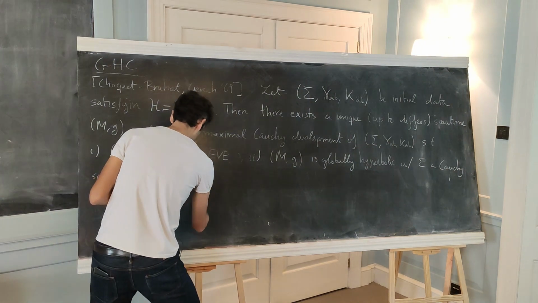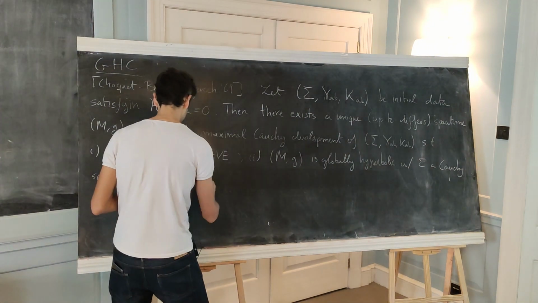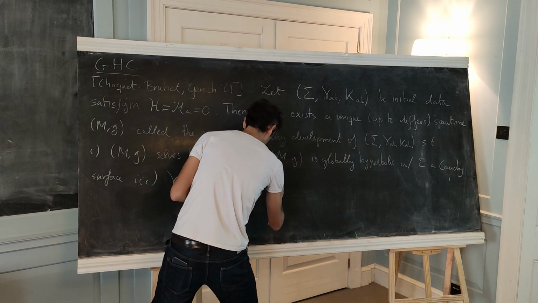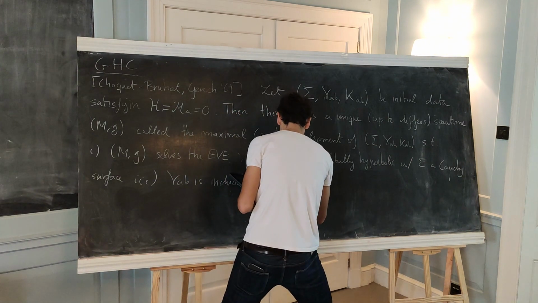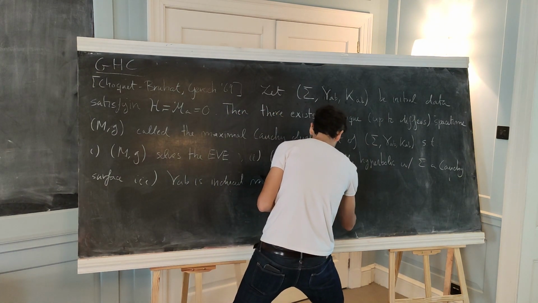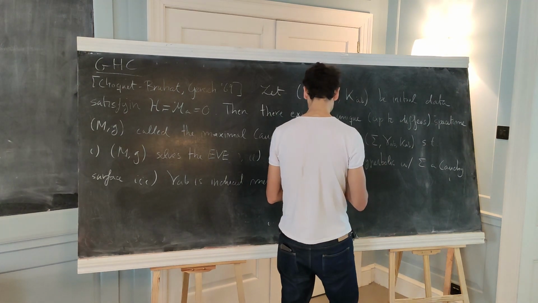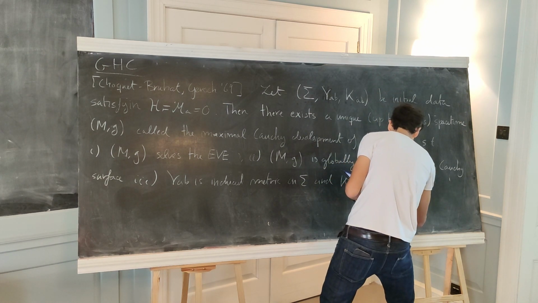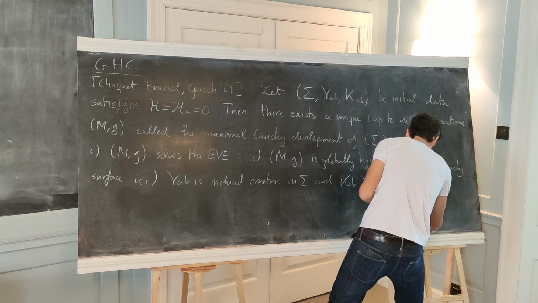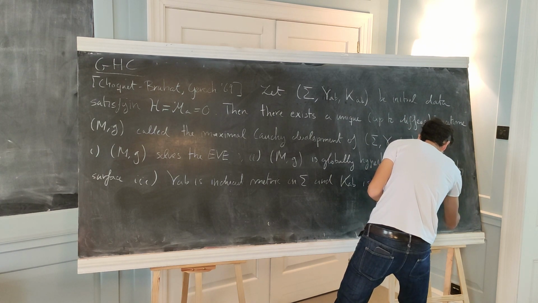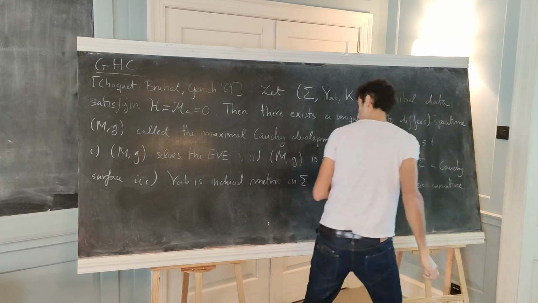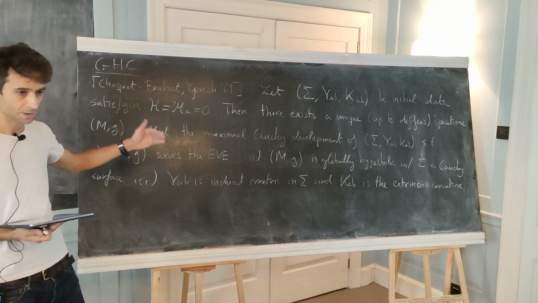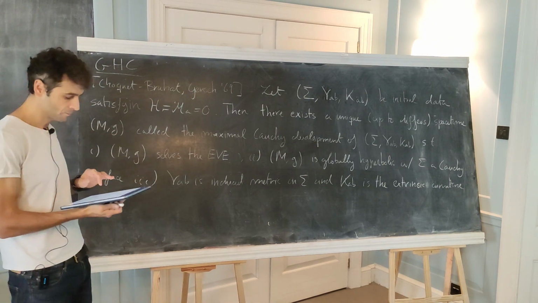Three, gamma is the induced metric on sigma, and K is the extrinsic curvature. Okay, so this is what I was saying earlier, that these data, the induced metric, is the pullback of the full spacetime metric on this surface.